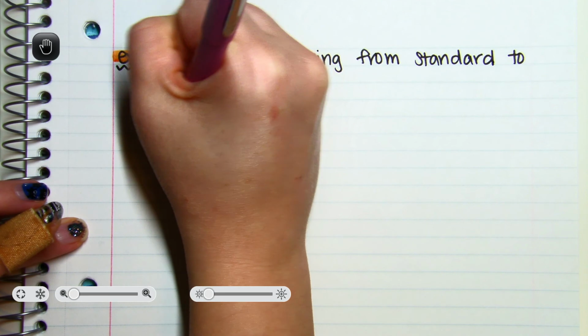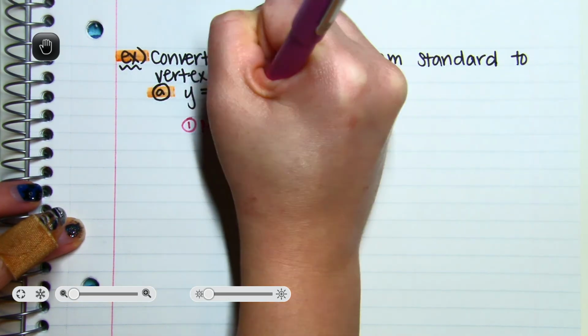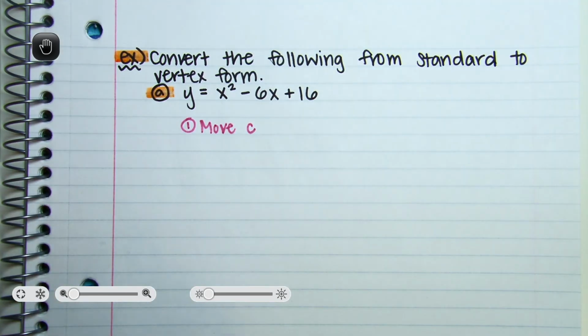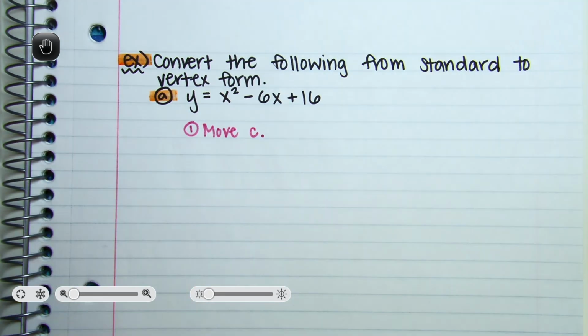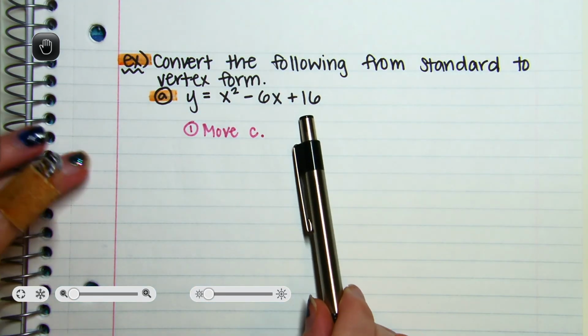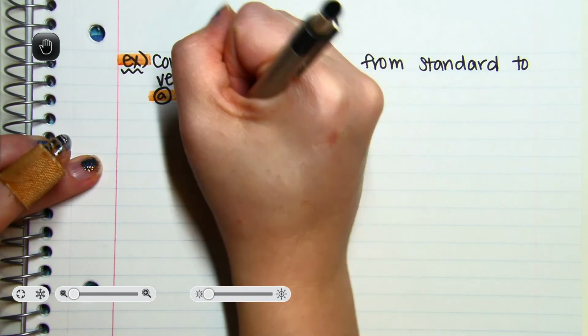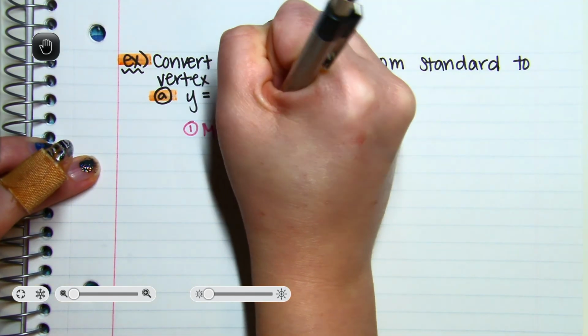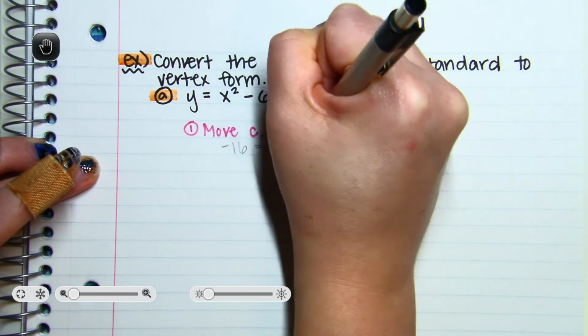So step 1, move c. So in this case, we're going to be subtracting 16 from both sides. So we will end up with negative 16 equals x squared minus 6x.